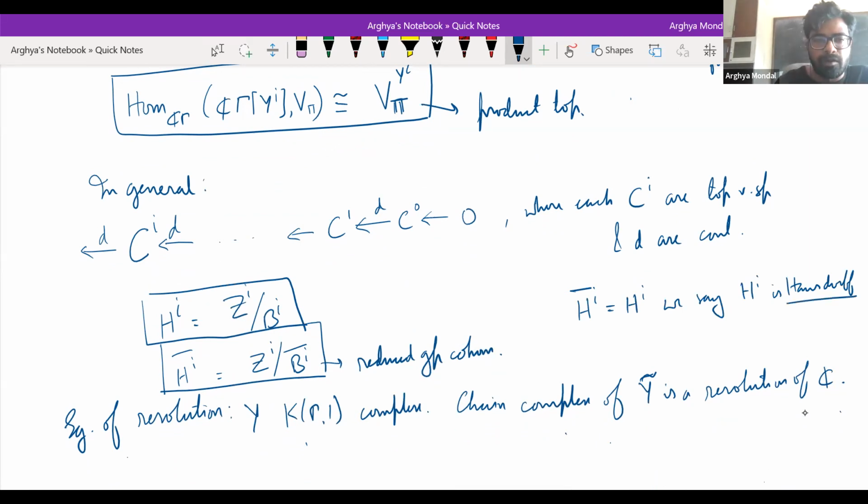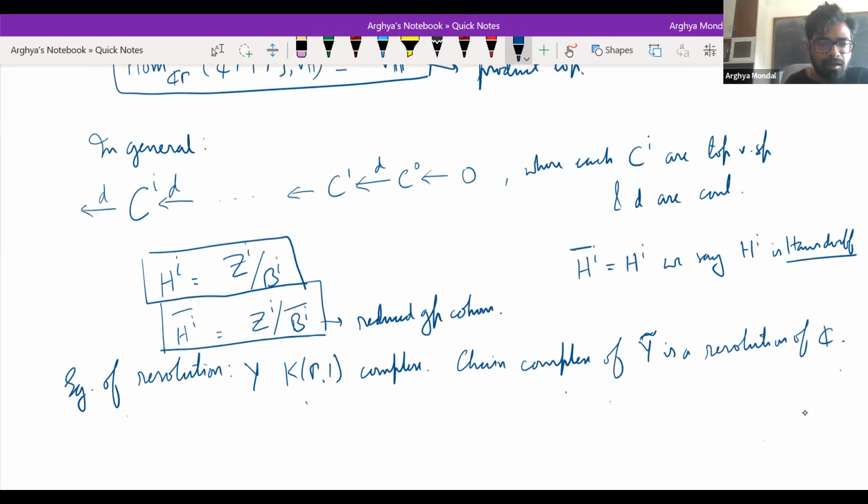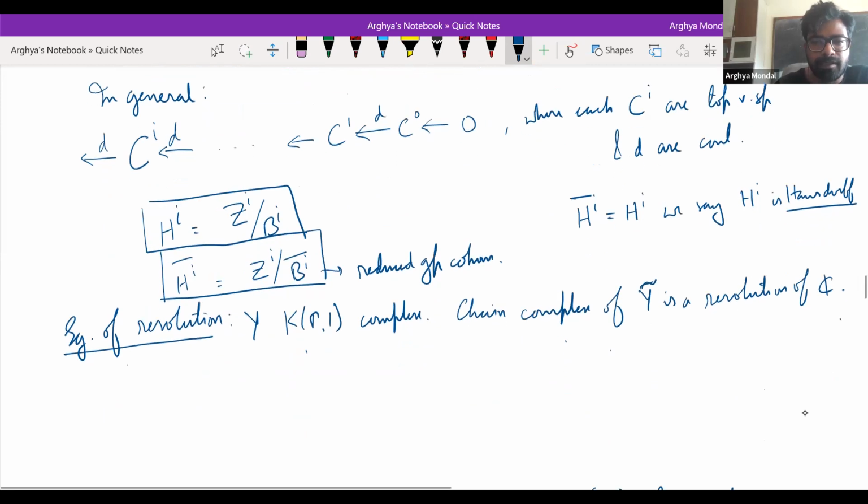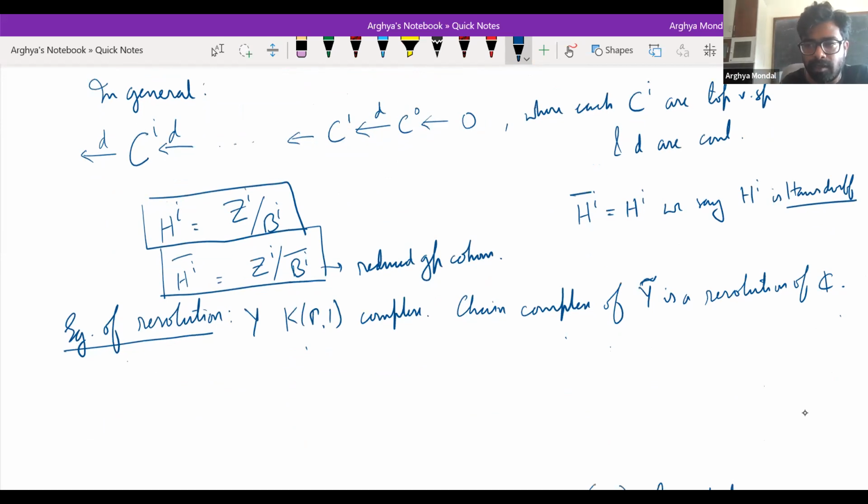Right. Okay. So the resolution that I will always be working with in this talk is given by the chain complex of the universal cover of a K(gamma,1) complex. This in fact gives you a resolution of C. What is the chain complex?